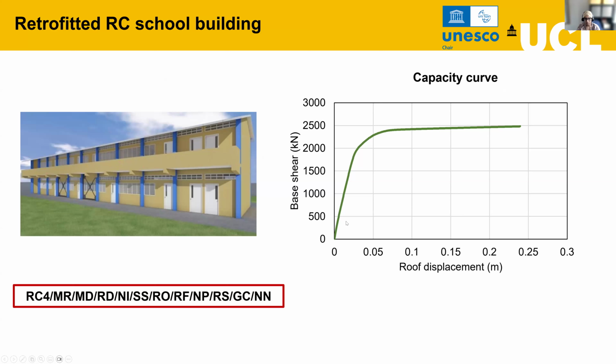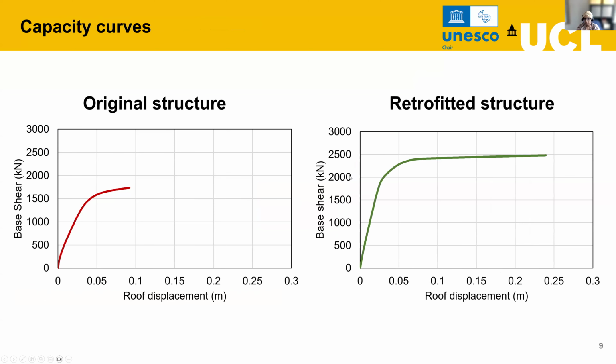This is the detail given: the capacity curve with the base shear versus roof displacement. We can already see that this is much better capacity, both in terms of shear capacity and displacement capacity, as compared to the original structure.